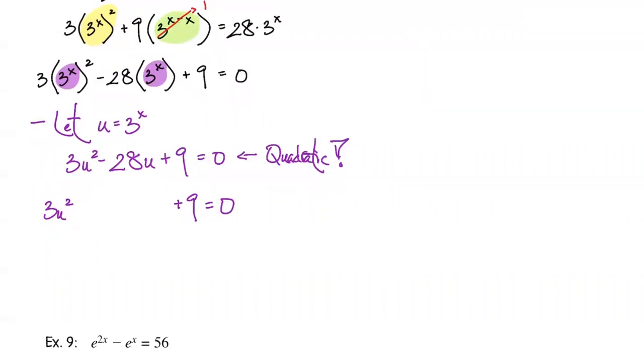Any ideas on what we could do to split our negative 28u? Negative 27 and negative 1.